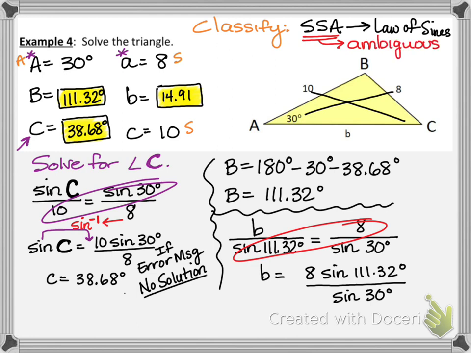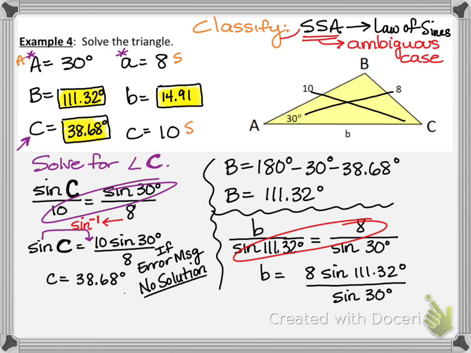It's only this classification in law of sines, it doesn't even happen in law of cosines. With the ambiguous case, there are 3 possible scenarios that can happen.